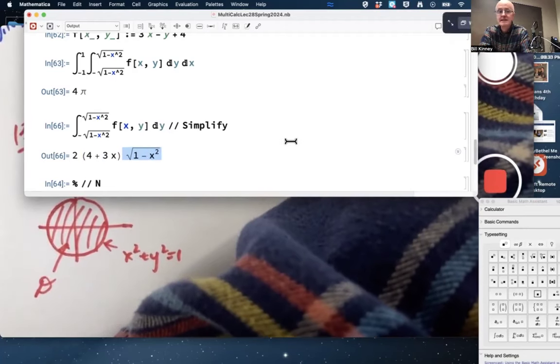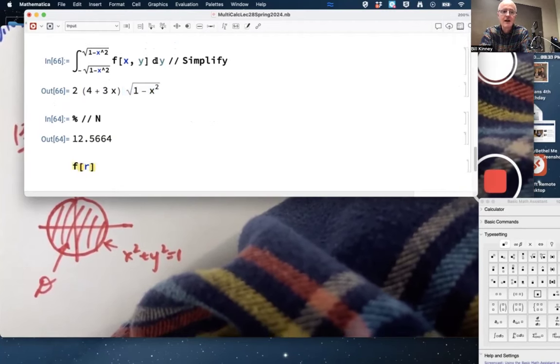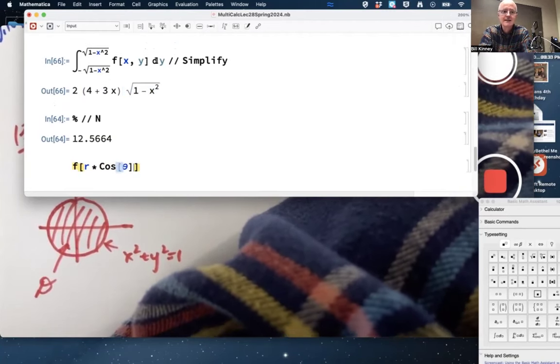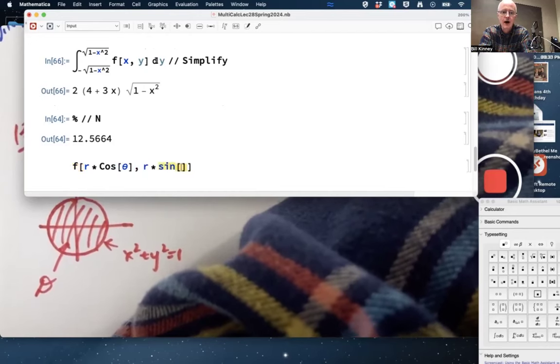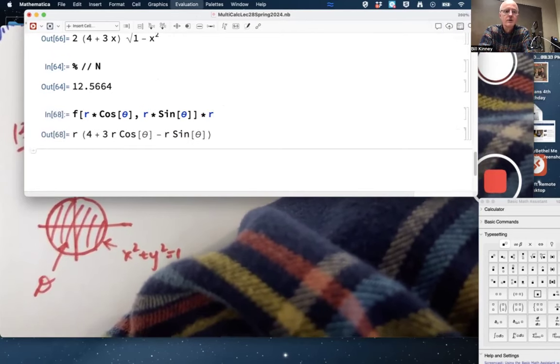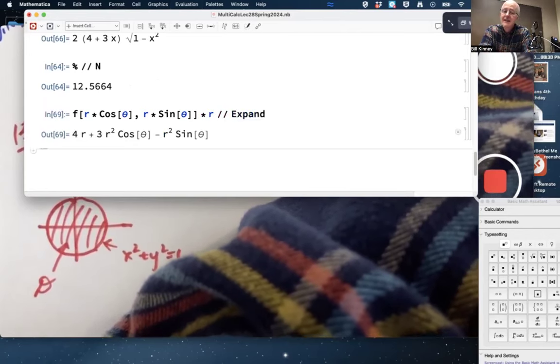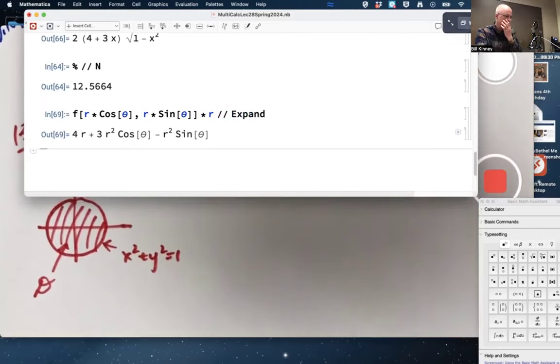Is polar coordinates easier? Well, first of all, you've got to plug in r cos theta for x and r sine theta for y, and you get that. You'd have to multiply that by r before you do the inner integral and expand it. That's the inner integral function that you need to integrate with respect to r.